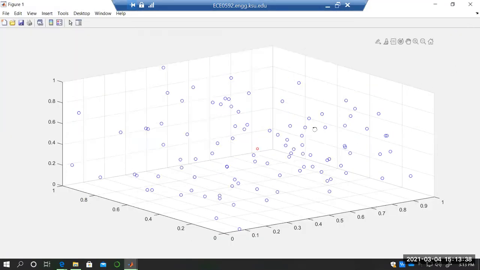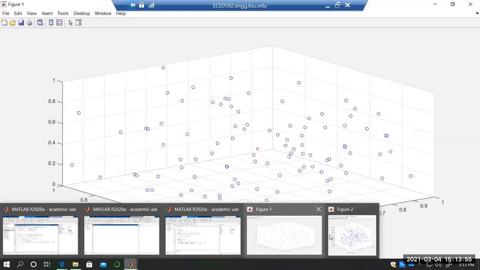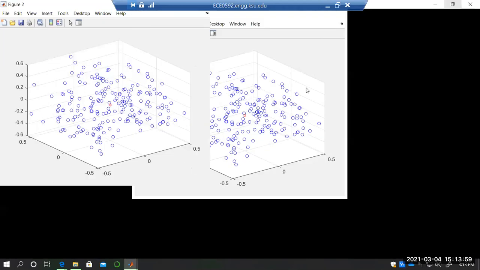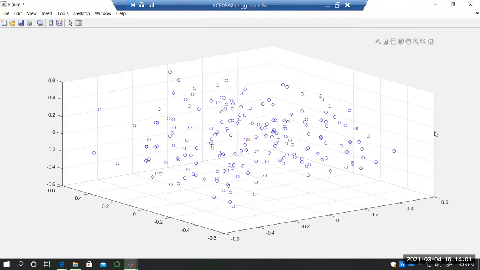So this is the original sample points. And so you can see that the x-axis is from 0 to 1, y-axis 0 to 1, z-axis 0 to 1, right? Now, if you go to figure 2, it's the same as this figure. The shapes are the same points.